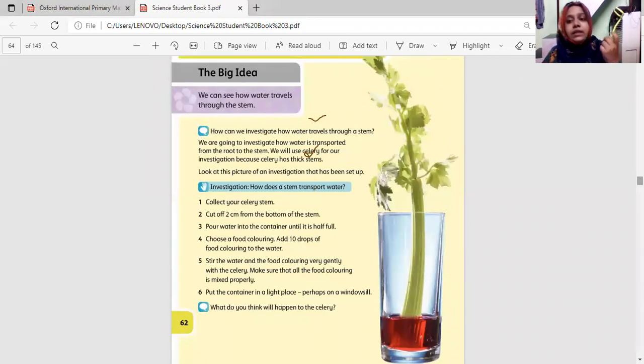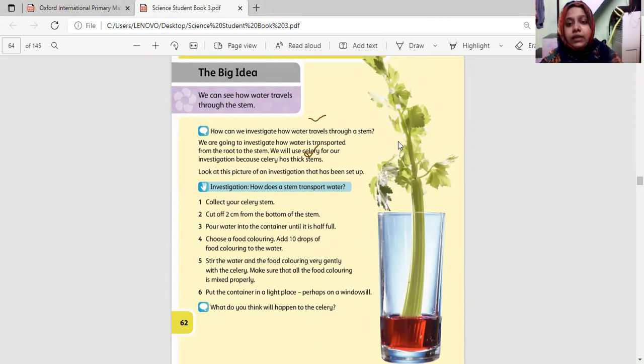Okay. Here is again a very interesting experiment that we will discuss in more detail, because here we'll understand how the water is transported to the stem. What we are going to do in this experiment is take a glass.